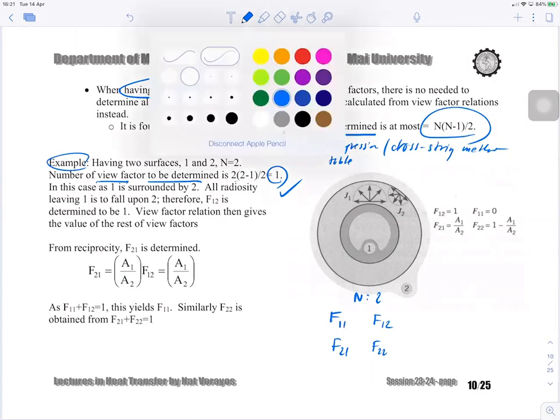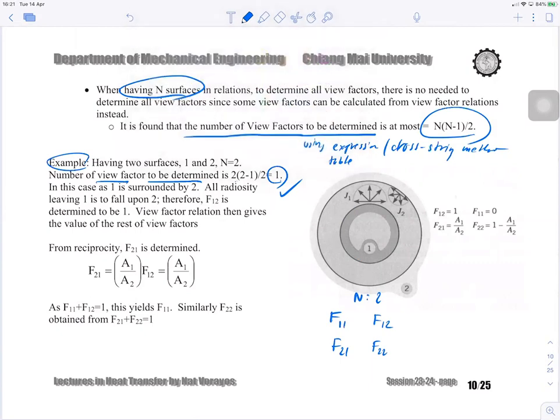You don't even have to start by looking at the table or closed-form solution that we have, or even turning to the crossed-string method. You can, by intuition, because surface 2 is covering all of surface 1, know that all the radiation from surface 1 is going to go to surface 2, 100%. See?